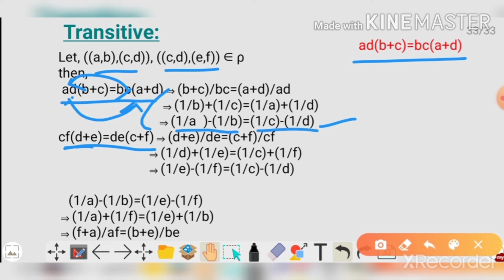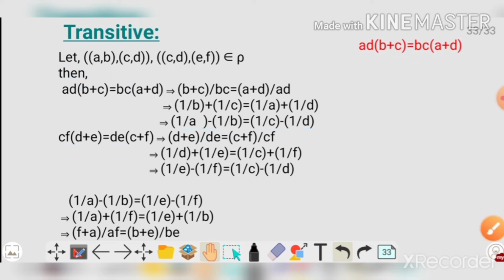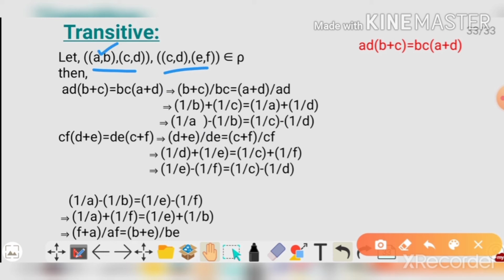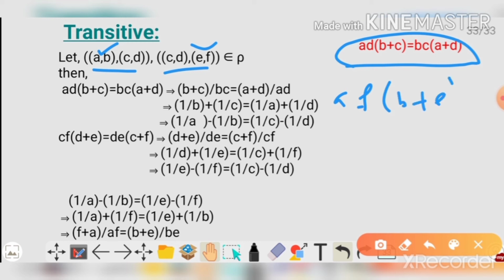Why did I do this? Because we need to show that (a, b) and (e, f) are related. That means if ((a, b), (e, f)) belongs to rho, it will satisfy this condition: af(b + e) = be(a + f).